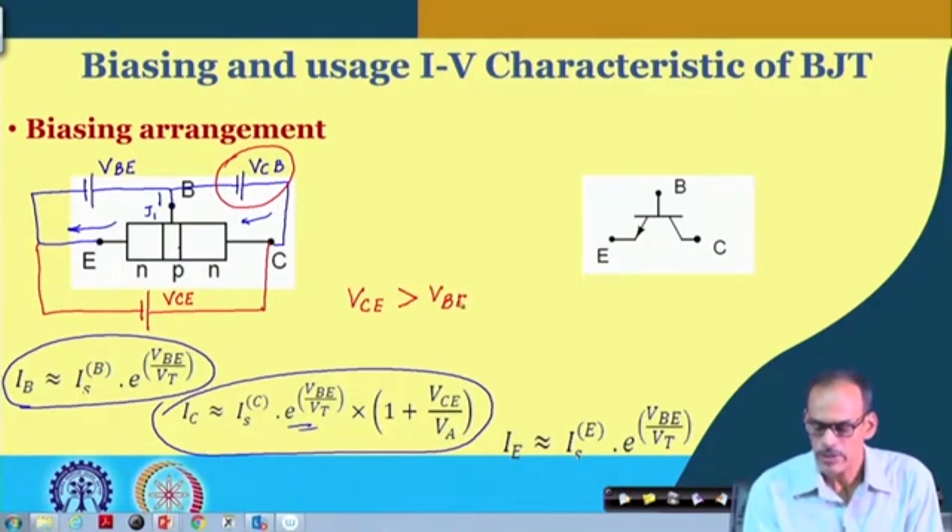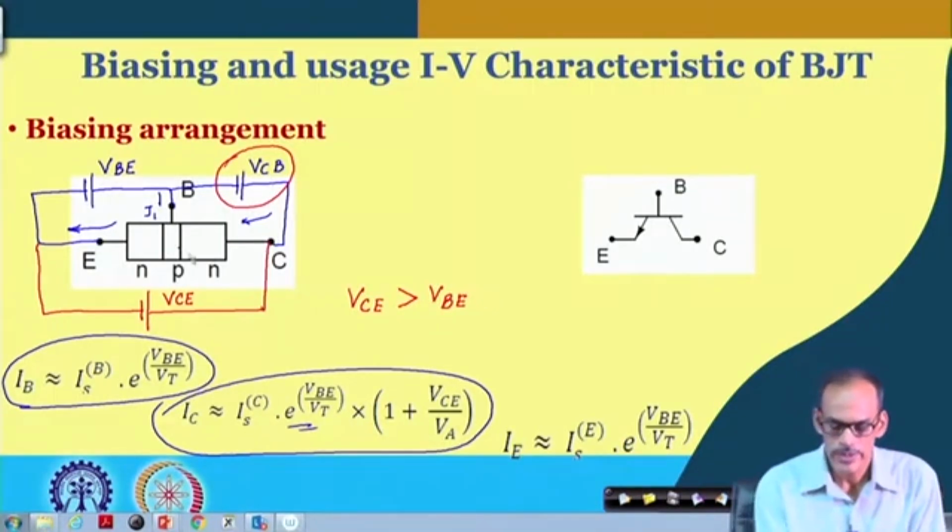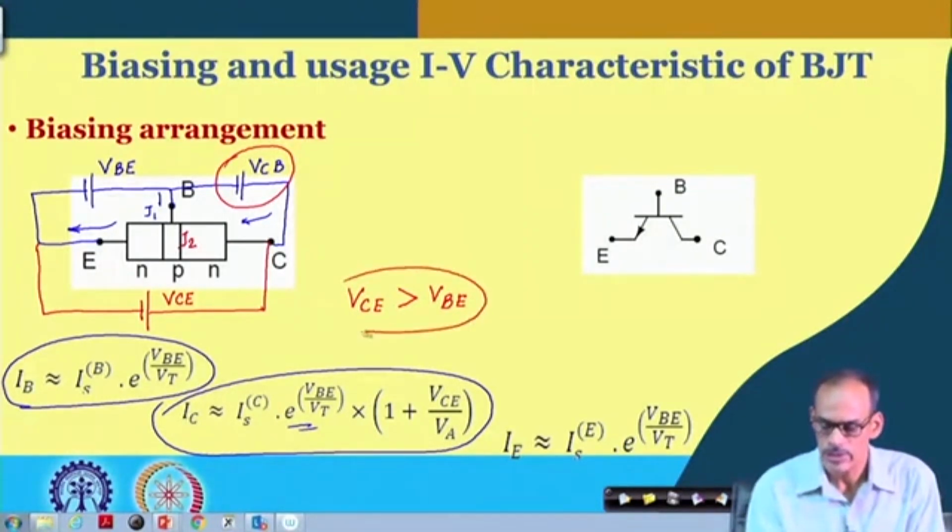So, strictly speaking, to get the reverse bias condition for the second junction, this is the condition. But normally, for practical purposes, even if this junction is slightly forward biased, the device remains, quote and unquote, in the active region of operation.